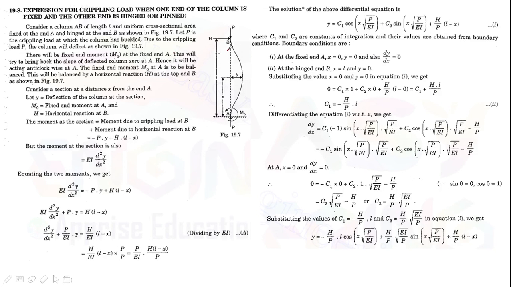So this is the final derivation. Similarly for the last derivation, the same process and the same procedure happen, and finally it is 2 pi square EI by L square. So these are the 4 equations which are applicable, and the 4 derivations for each condition. Thank you.